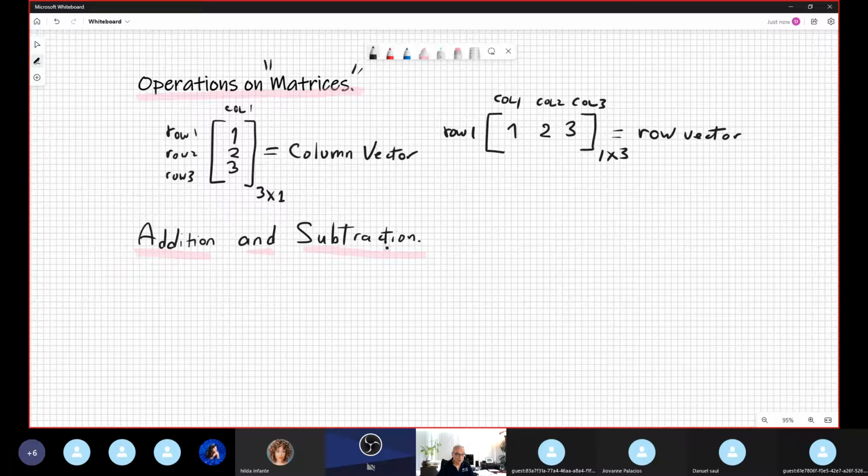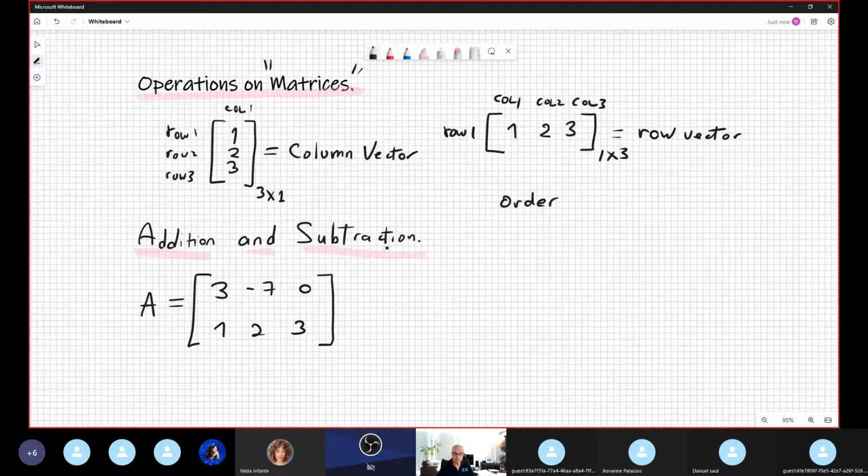Suppose we have a matrix A. Normally, I don't know why, when you name a matrix you use a capital letter. Well, I suppose it's a big guy. Suppose this example is 3, negative 7, 0, 1, 2, 3. By the way, the dimension or order of the matrix is 2 by 3.